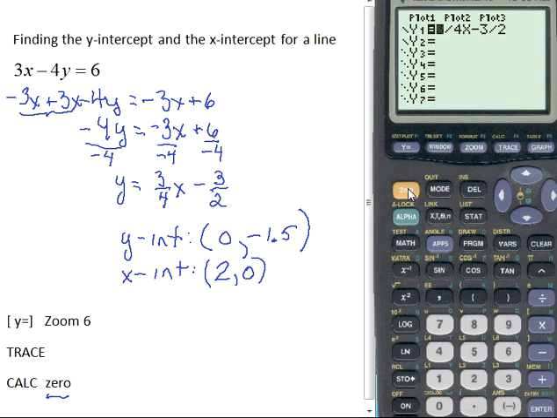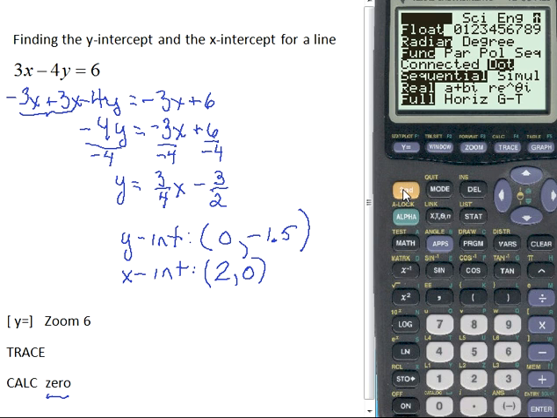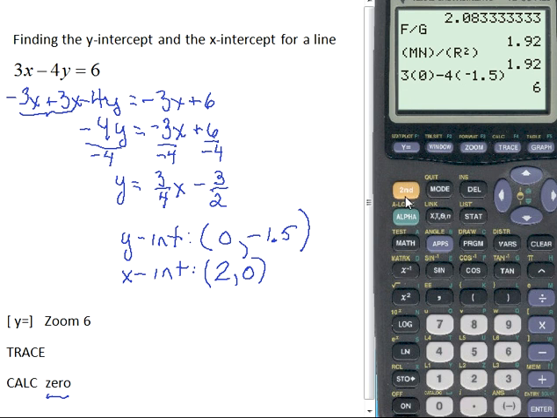Now let's go back to the other screen and hit second enter to put it up again. Let's change those numbers to 2 for x, which was the x-intercept, and 0 for y.